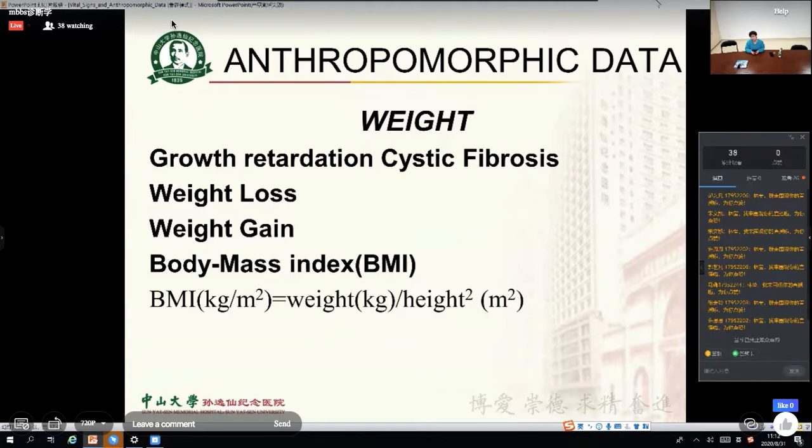The patient may have weight loss, but if the patient has gained weight, we need to measure in both situations, both the loss or gain of weight, the body mass index, what we call BMI. How do we measure the BMI? We use the weight divided by the height squared. So this is the index to see if the patient is obese or malnourished or has some other disease status.